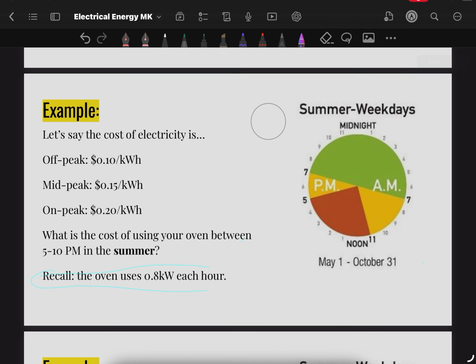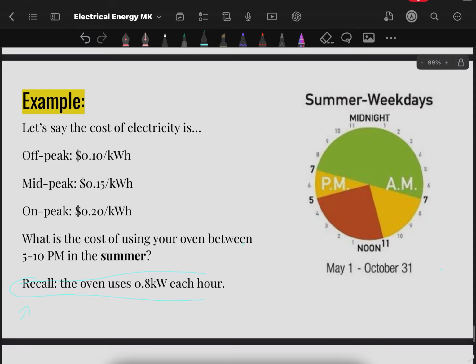So essentially what you would do is 2 times 0.8 first, because the oven uses 0.8 kilowatt-hours, and we do 3 times 0.8, and that will get us 2.4 kilowatt-hours, and this will get us 1.6 kilowatt-hours.